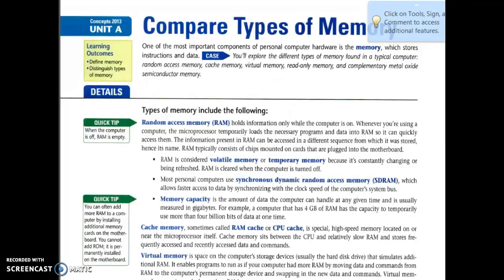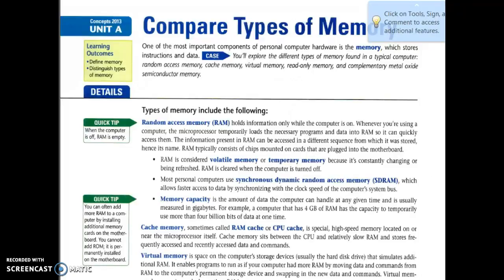This sits between the CPU and the RAM, and keeps those frequently used commands basically for us. They talk a little bit more then about the virtual memory, the read-only memory, and then you're going to talk about some of the other types of memory that's a little more permanent.